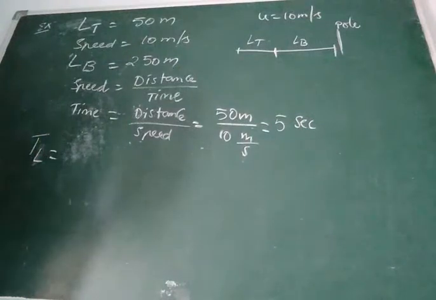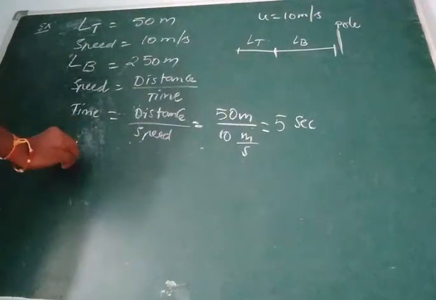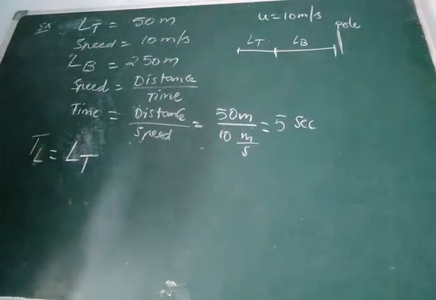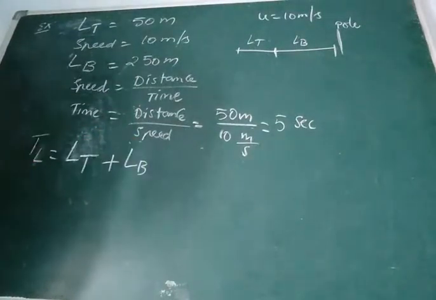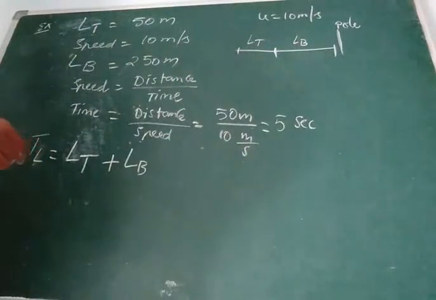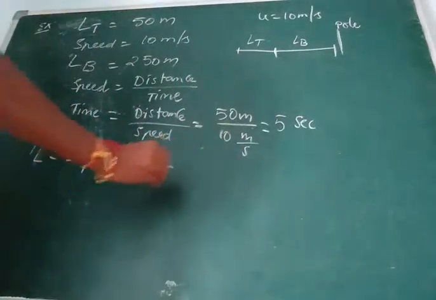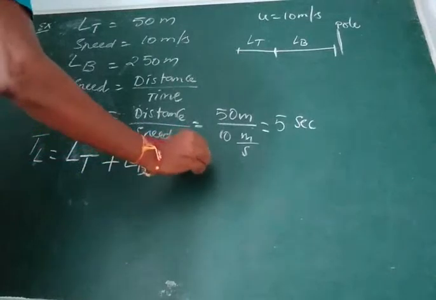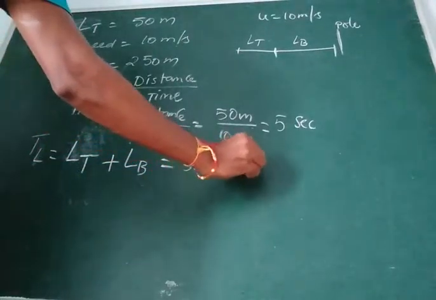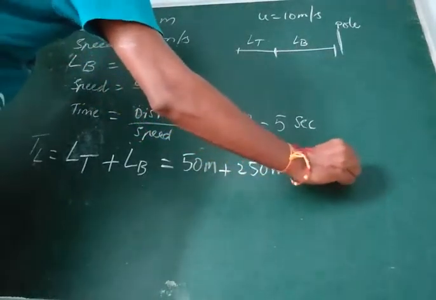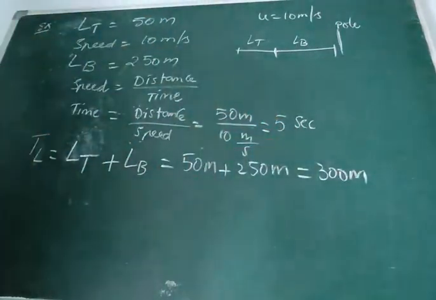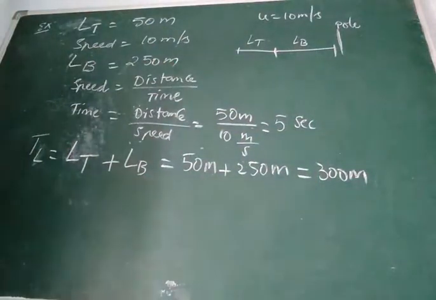Total length is equal to length of the train plus length of the bridge. The length of the train is 50 meters plus the length of the bridge, 250 meters. What is the total length? 300 meters.